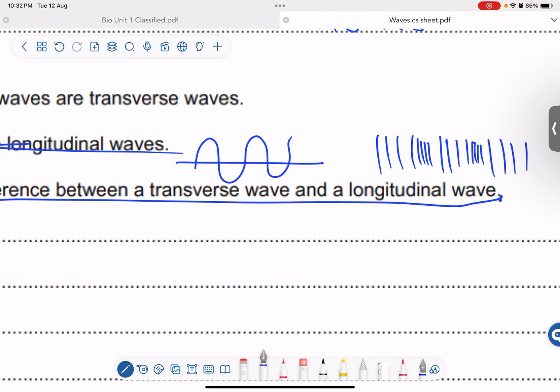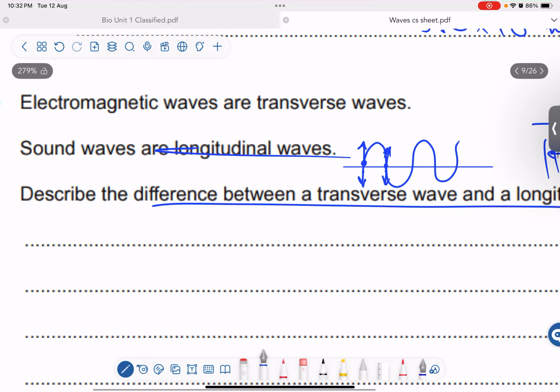As you can see, this is the particle, and the particle vibrates up and down, up and down. However, here you can see that the wave direction is like this, and the particle is here and it vibrates back and forth. So how to write this in the form of a credible explanation.